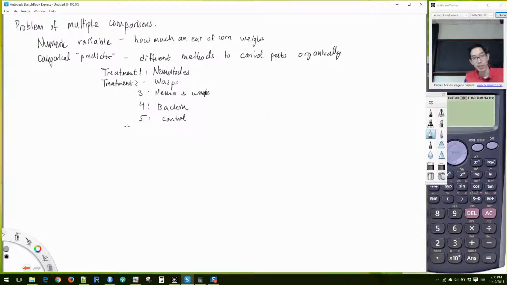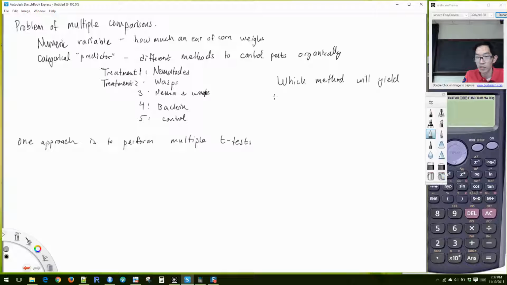With 5 groups, one approach is to perform multiple t-tests, because the overall question is which method will yield the highest corn weight.